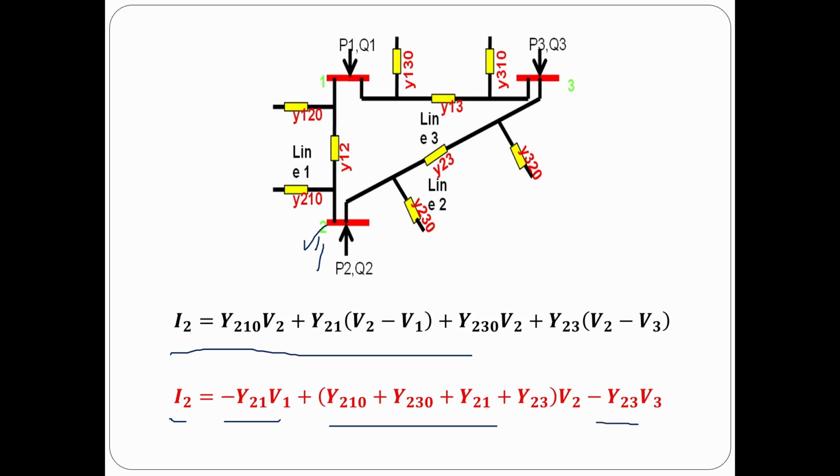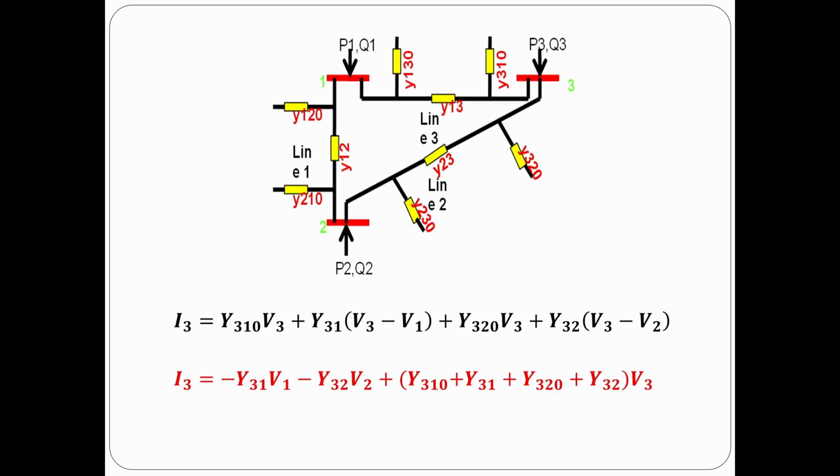For bus number 3, the current entering the bus is I3, while the current leaving are those flowing to lines and to shunt admittance.